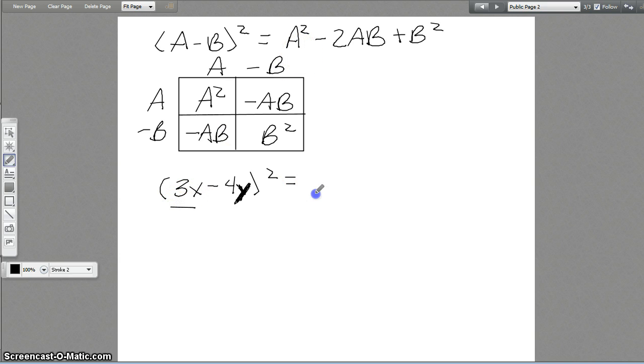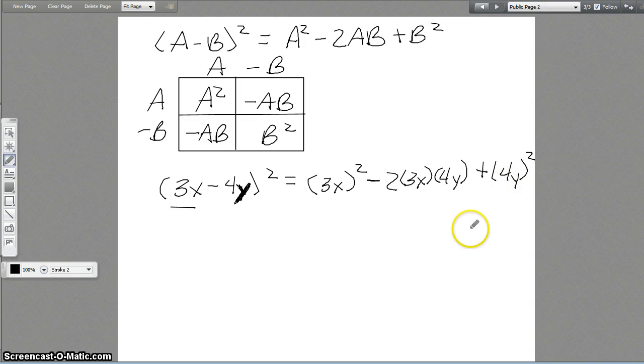So this is going to be 3x quantity squared. Not just 3 times x squared, the 3 has to be squared also. And then we're going to subtract the double of 3x times 4y. And then we're going to add our last term squared, that is 4y squared.